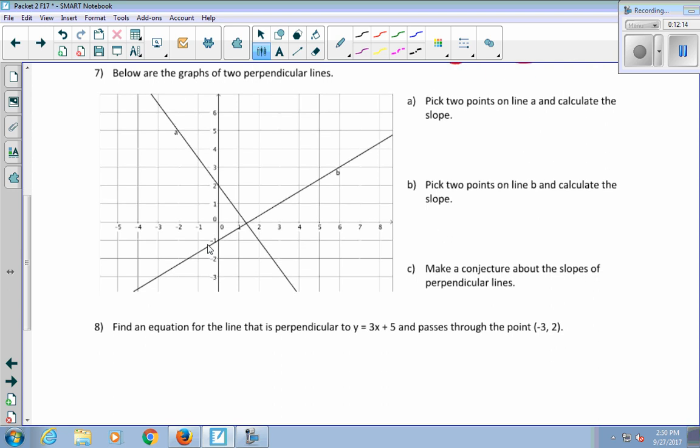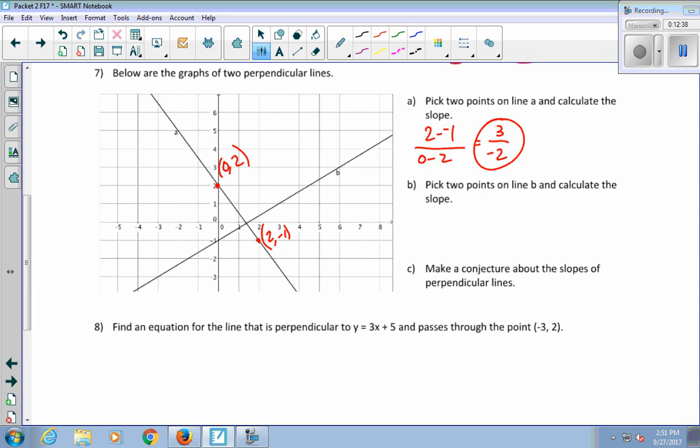All right, how about perpendicular lines? Let's look at line A, pick some points here. I've got 0, 2, and another nice point, 2, -1. So my slope is going to be 2 minus -1 over 0 minus 2, 3 over -2.